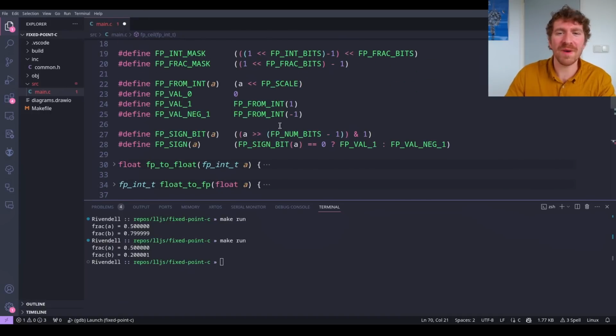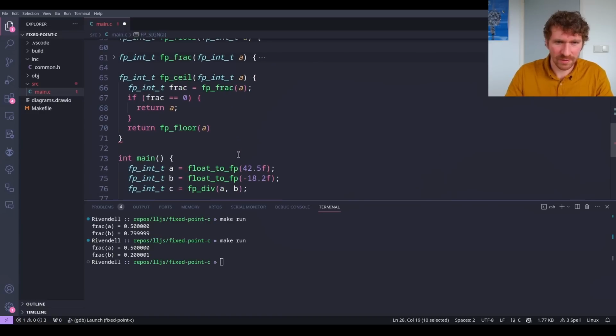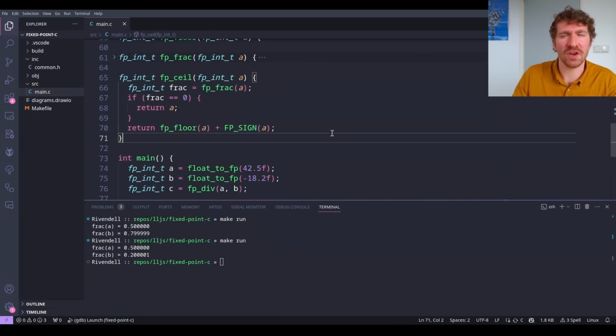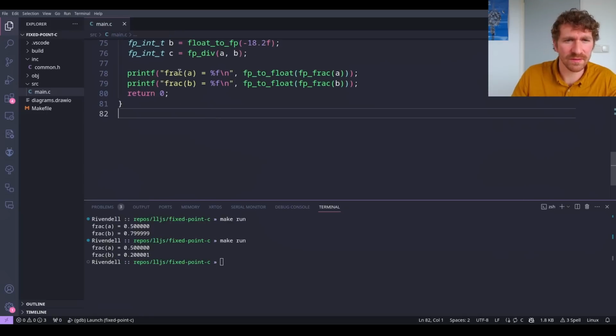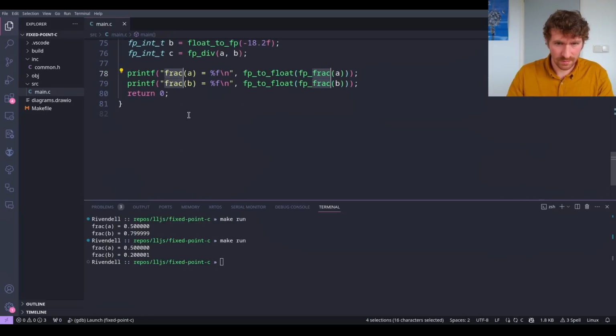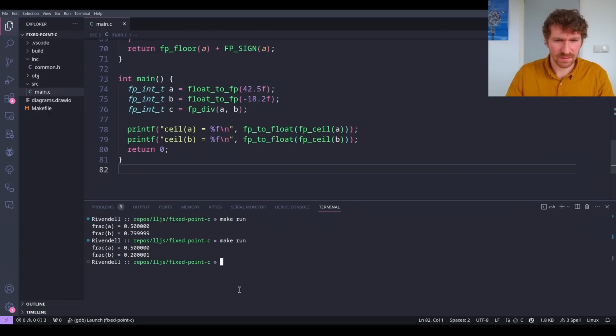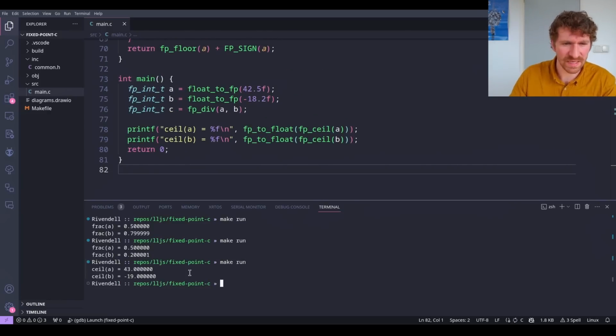Well, way back when, we wrote this fp sign macro that says if we've got a number that's positive, we get positive 1. If we get a number that's negative, we get negative 1. So let's just use this macro. So we can do fp floor plus fp sign of a. So let's try that. Let's do ceiling of a. Make run.